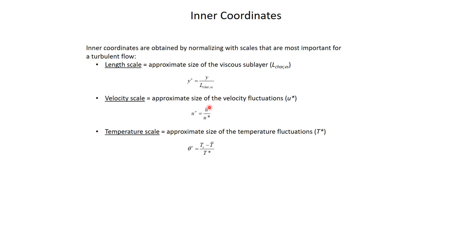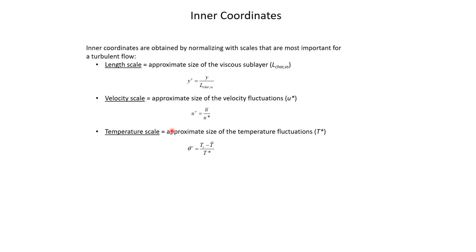So u plus will be u bar divided by u star, and u star here is our best estimate as to how big those velocity fluctuations are. And then finally, temperatures. I think I've said several times, hopefully you've heard it, that to take a temperature by itself and non-dimensionalize it is kind of silly. You always want to be non-dimensionalizing temperature differences relative to another temperature change or temperature difference.